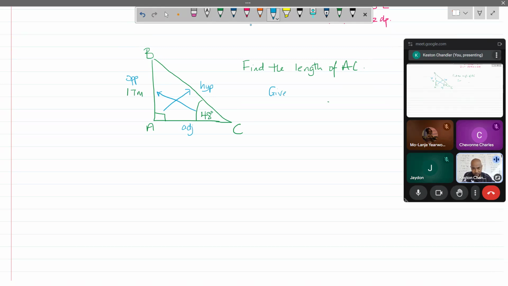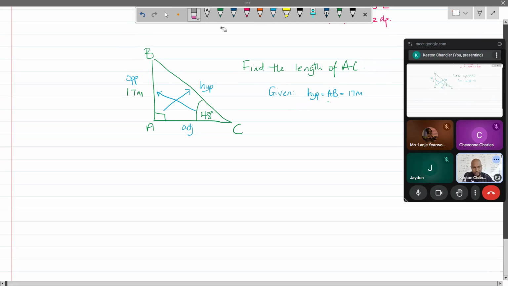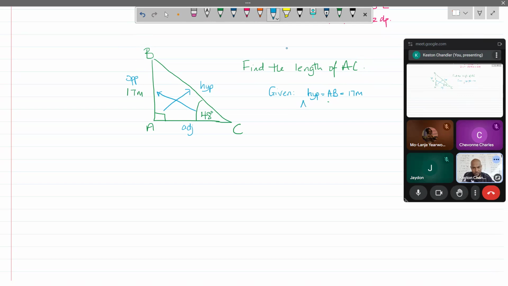Next, we write what we're given. We're given the hypotenuse, which is AB, and that's 17 meters. We're also given the angle ACB, that is the theta, and that's 48 degrees.